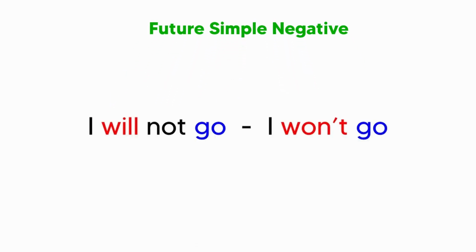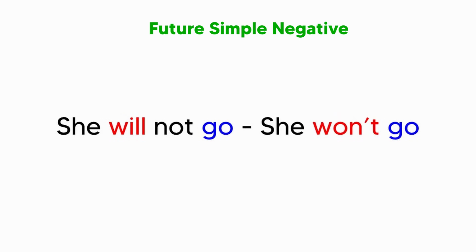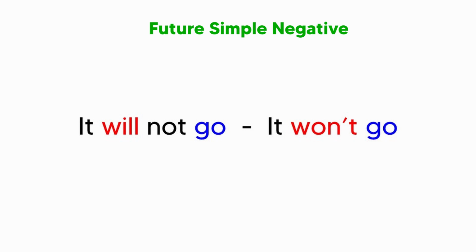We've got I will not go. And with will not, we can contract that, and the contraction becomes won't. We would say, I won't go. He will not go. He won't go. She will not go. She won't go. It will not go.